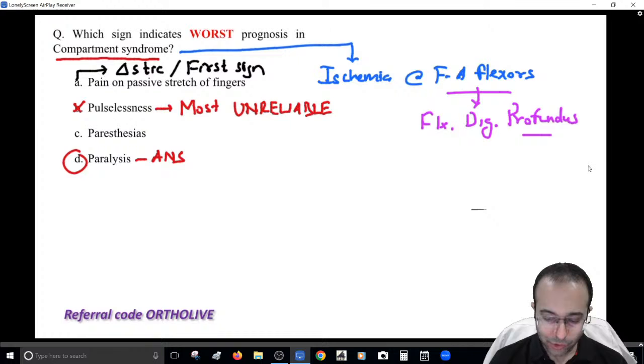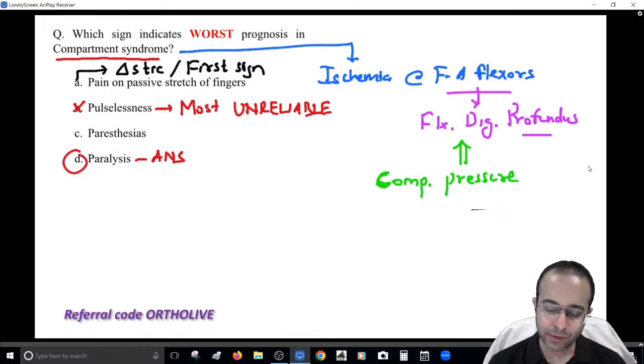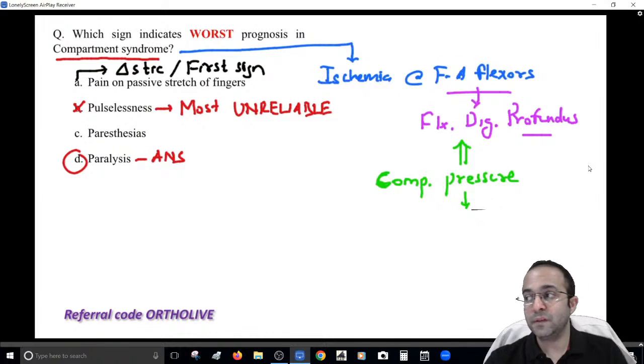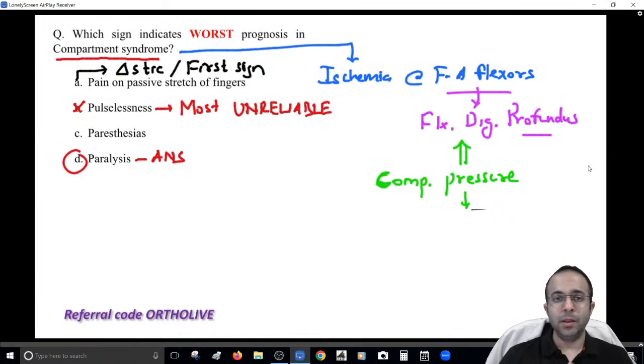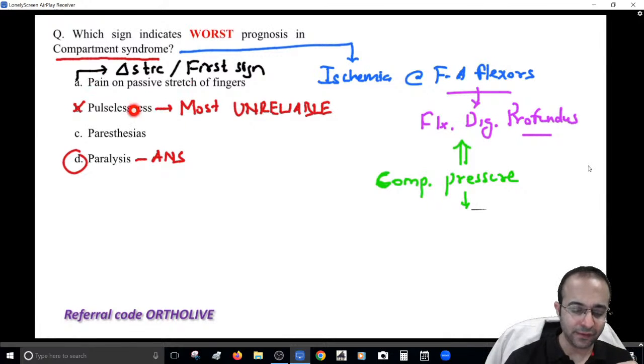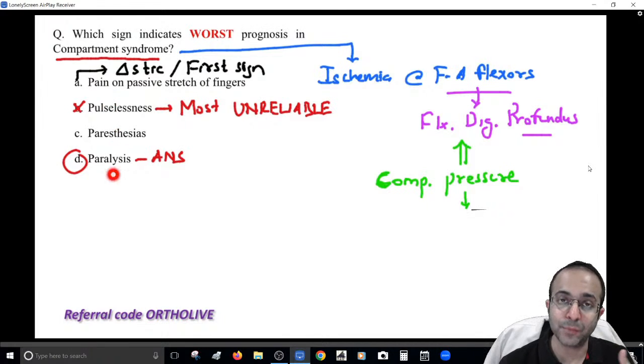So guys, can you help me out: if there has to be ischemia of the flexor digitorum profundus, what is the compartment pressure that generally leads to this ischemia in compartment syndrome? If I have to diagnose compartment syndrome, of course I can take help of these clinical signs, all these P's: pain on passive stretch, pulselessness, paresthesias, paralysis, pallor.